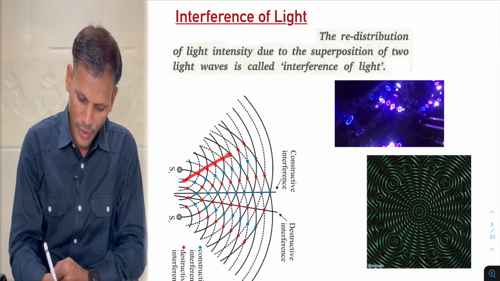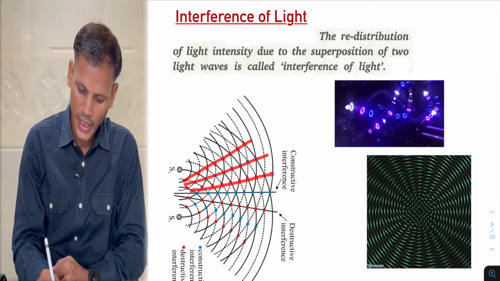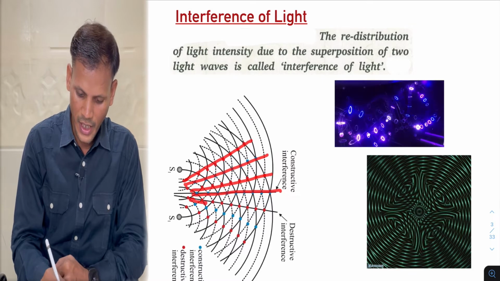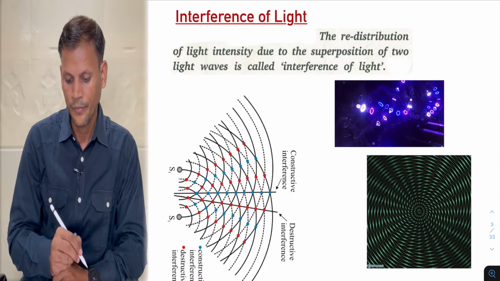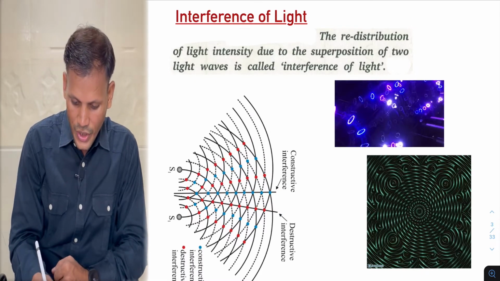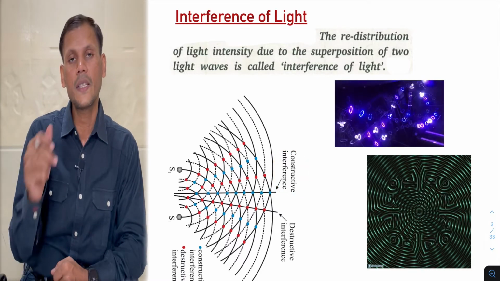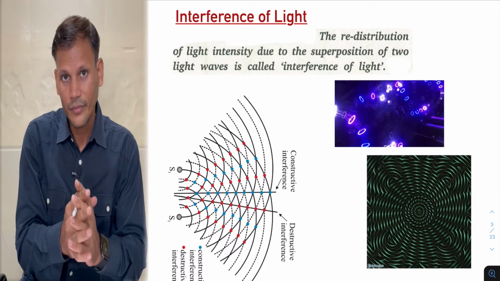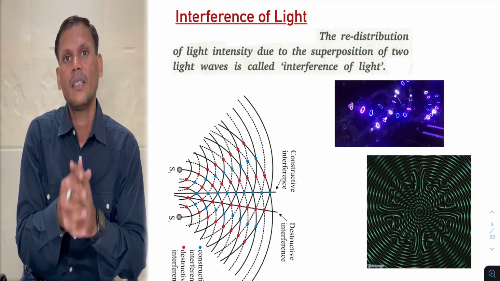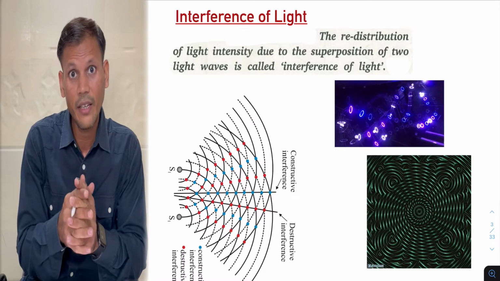So this red one is for the dark, blue is for the bright: dark, bright, dark, bright, alternatively it is going to be formed. And the bright points are the constructive interference. Where there is the combination of one dark and another dotted, that is the destructive.